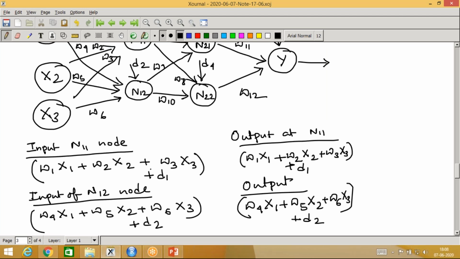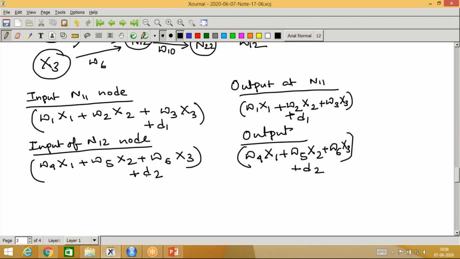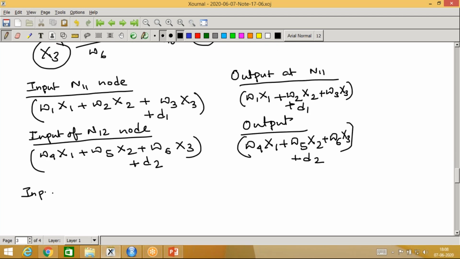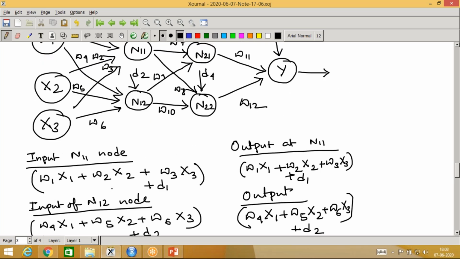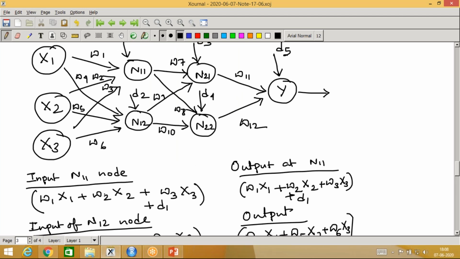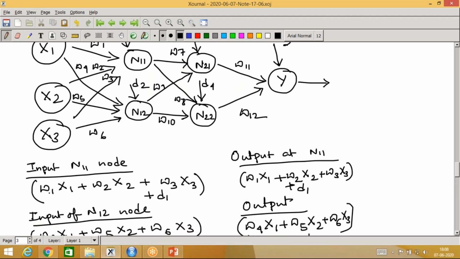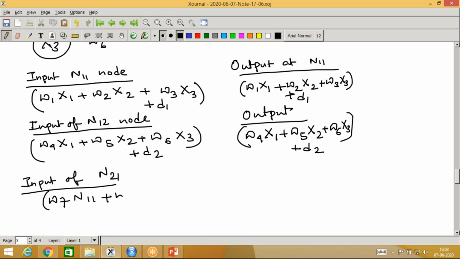Okay. Now let's talk about what is the input of N21. N21 is W7 and W9. W7 N11 and N12 plus D3, and output is also the same.